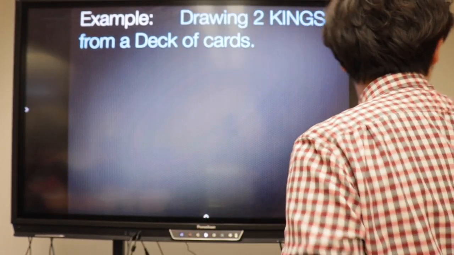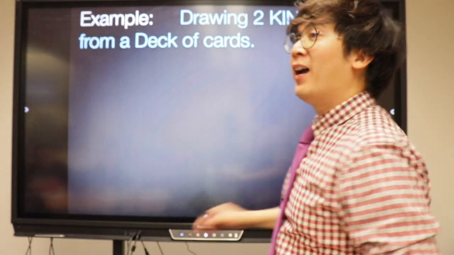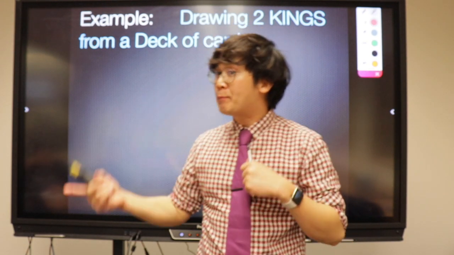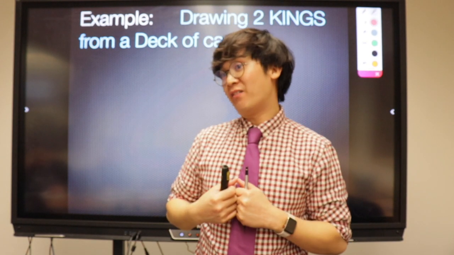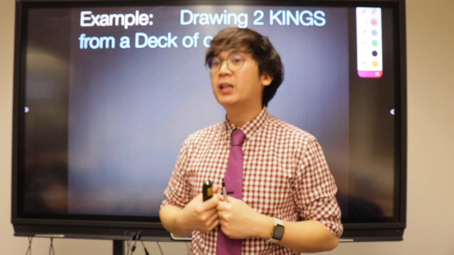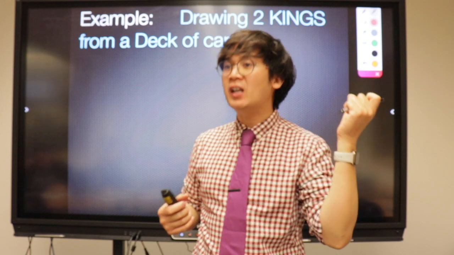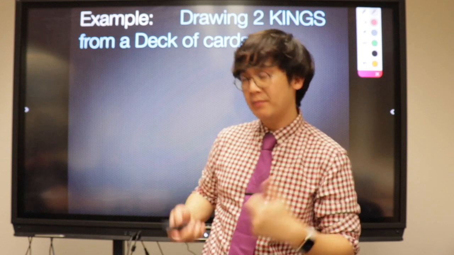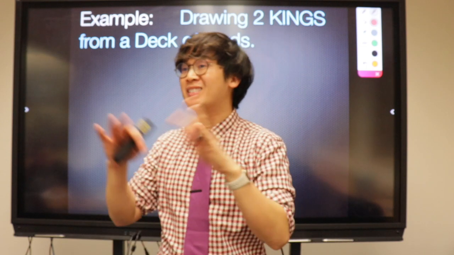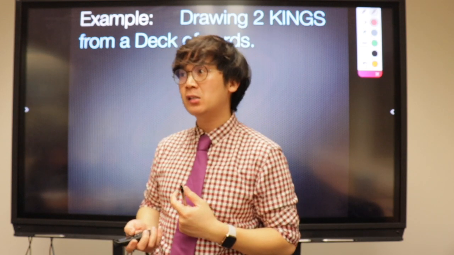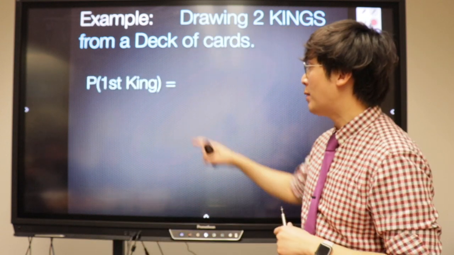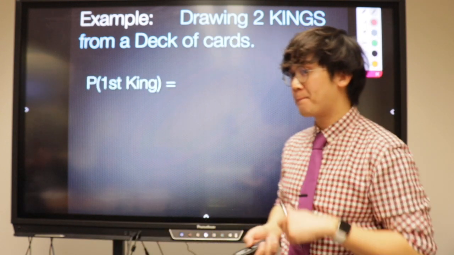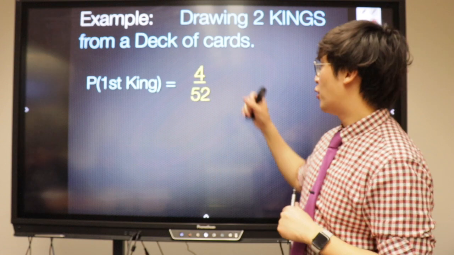Let's begin. All right, so is this a dependent event or independent event? Dependent, because the second card that you're going to pick is dependent on the first card that you picked, right? So this one is a dependent event, which means the sample space is going to change, because the probability of getting the first king is what? 4 out of 52.